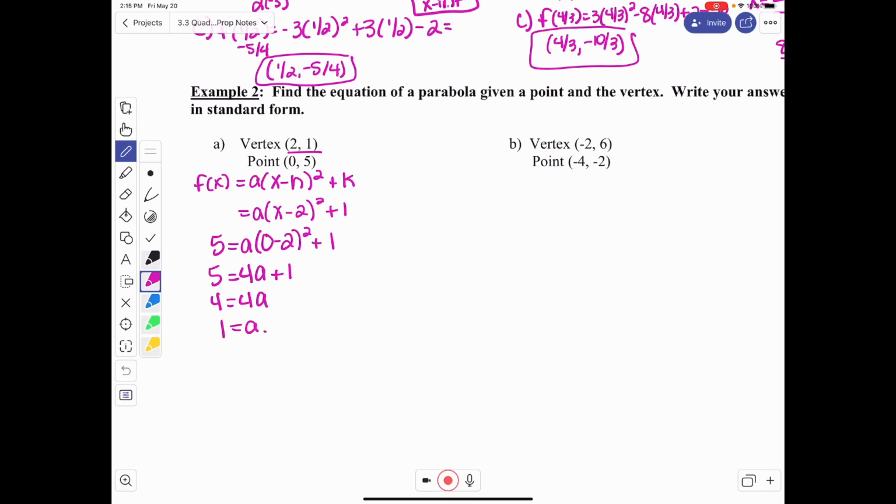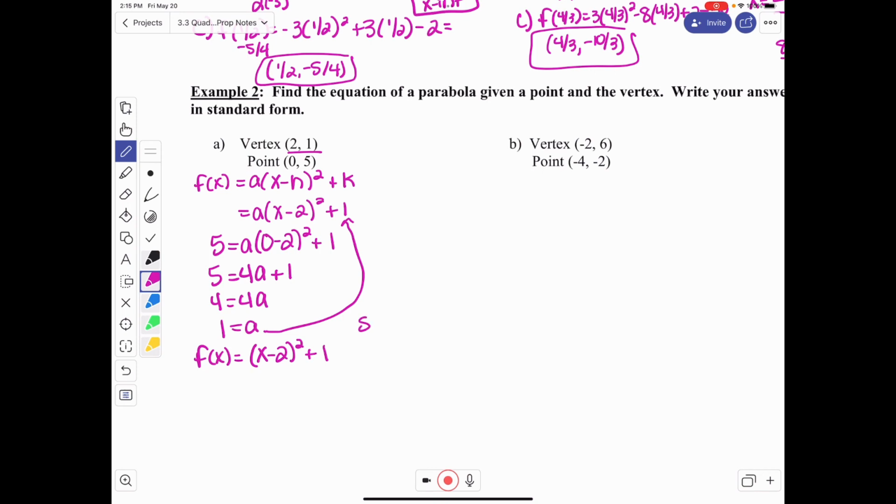So what I'm going to do is I'm going to go back here and rewrite it in that form. So I have f of x, and there's just a 1 on the outside, which we're not going to put, so x minus 2 squared plus 1. Now, it tells us to write it in standard form, which means we need to simplify this.